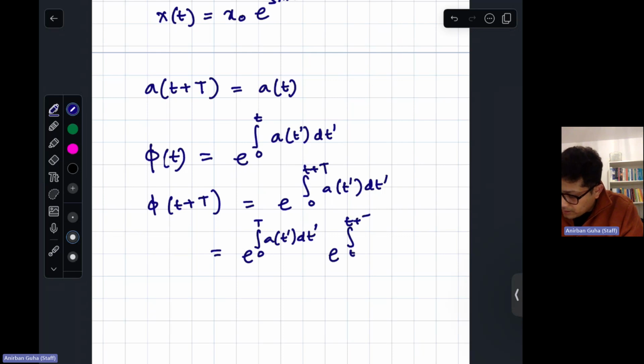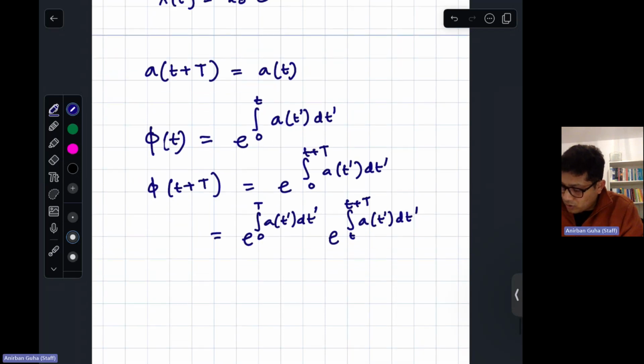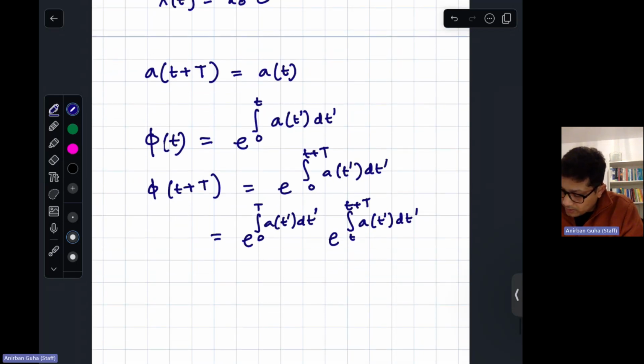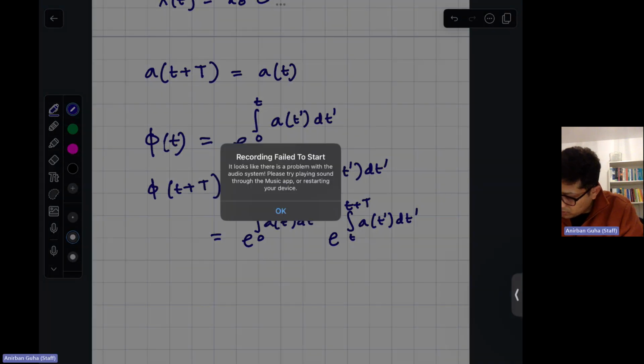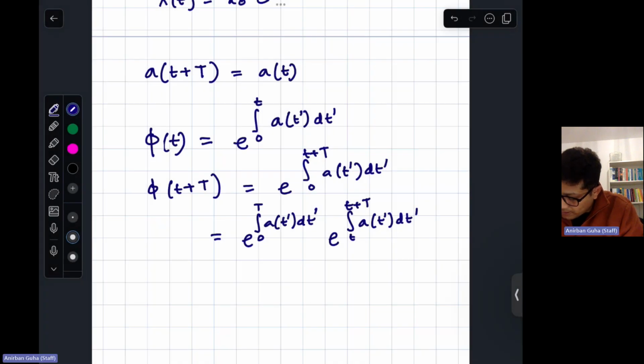It should be clear that this first part is simply phi of capital T, okay?